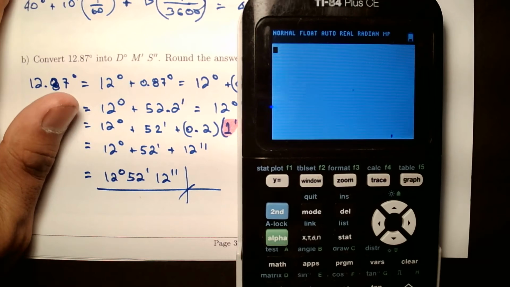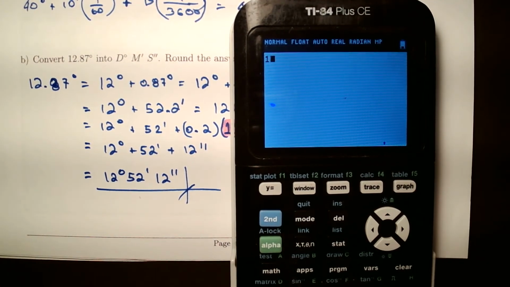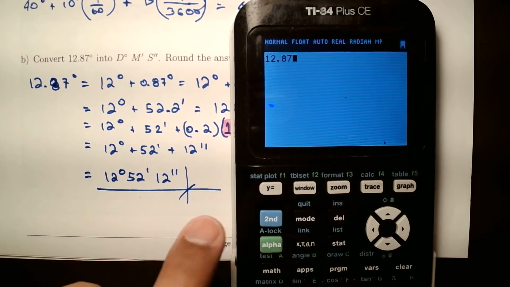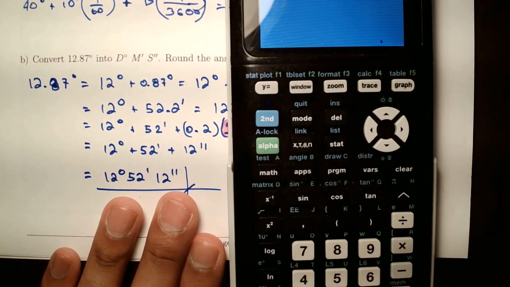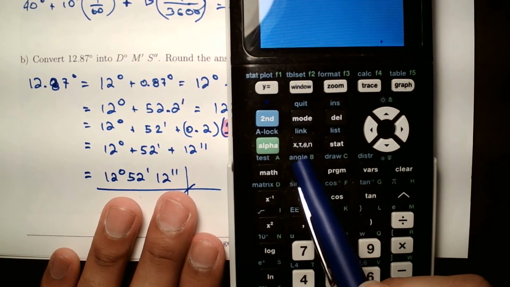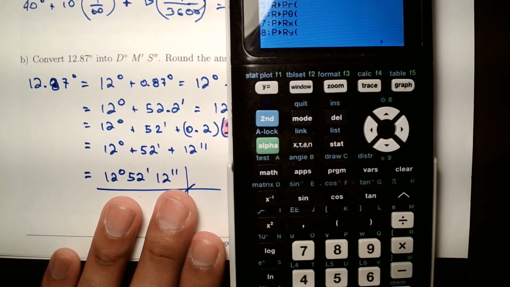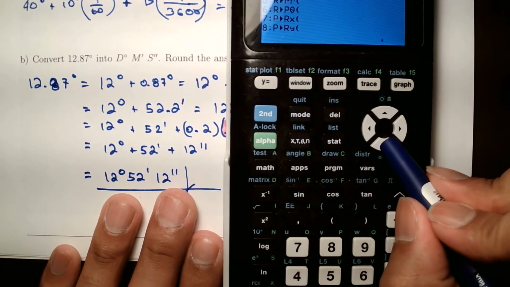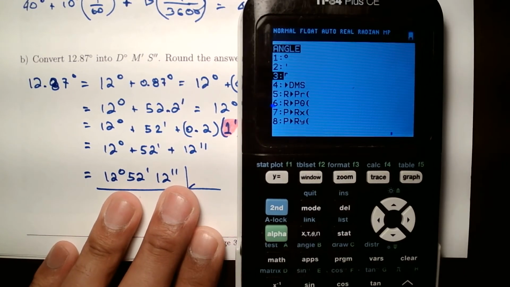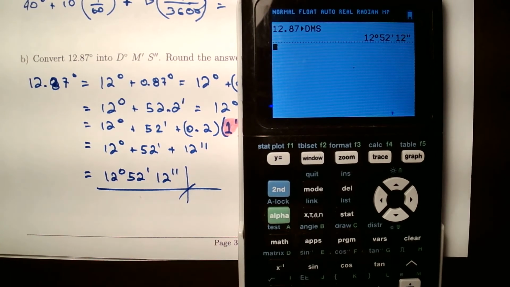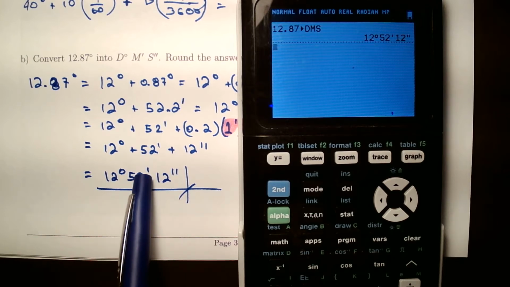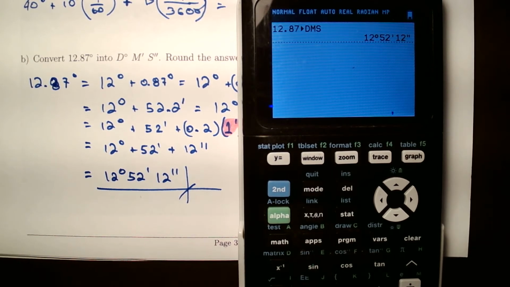The first thing we do is type the angle, 12.87, and then go to second and click the apps button, where ANGLE is in blue. Then scroll down to number 4, where it says DMS. Just click enter and then enter again. And that's how we get this using the calculator.